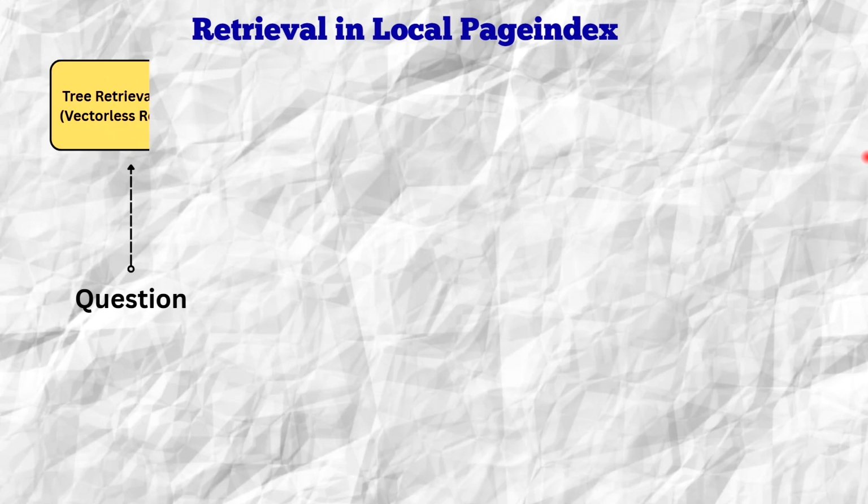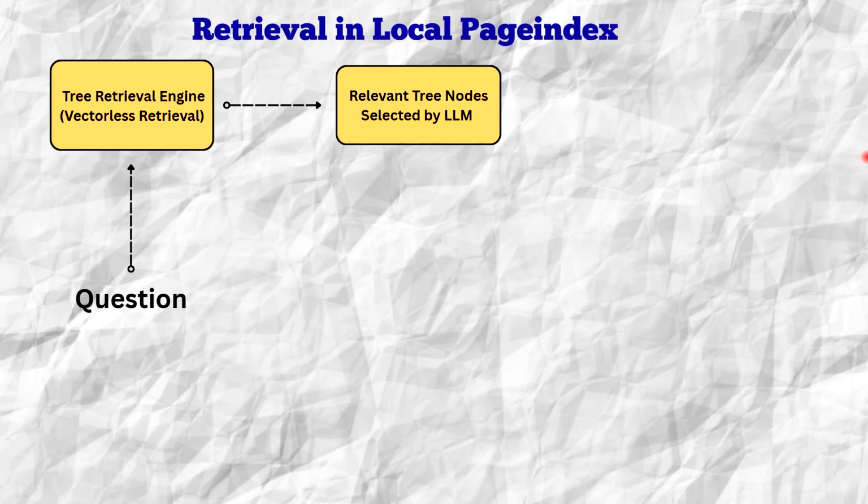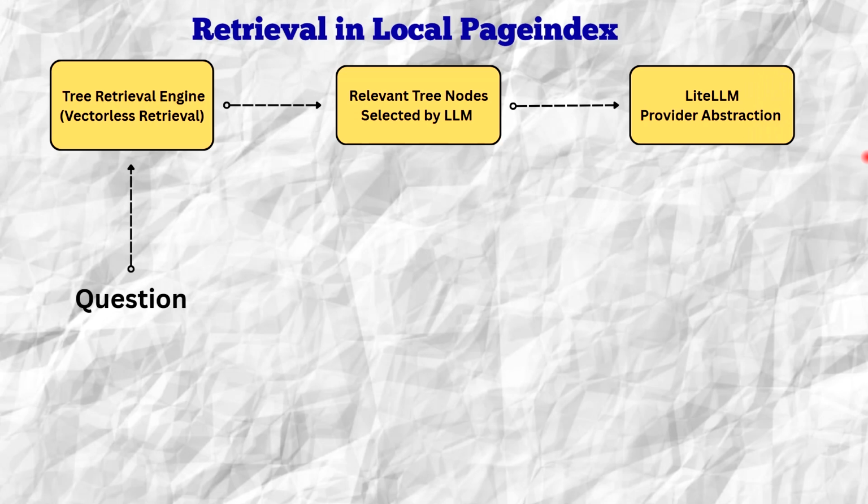During the retrieval phase in the local page index, when the user asks a question, the vectorless retrieval happens and the relevant tree node is selected by the LLM. Then LightLLM provides the abstraction to the local LLM.